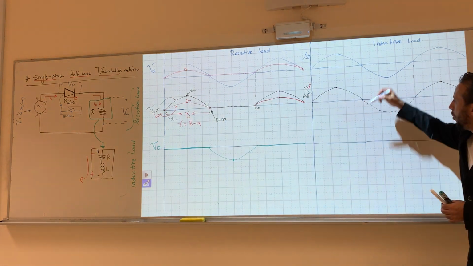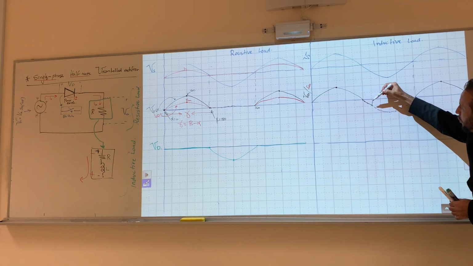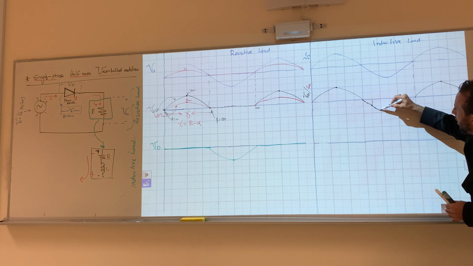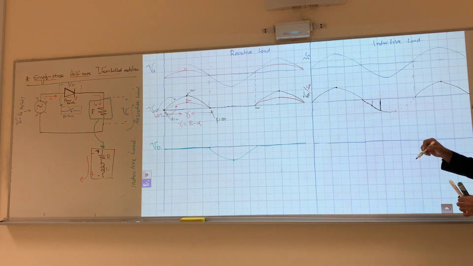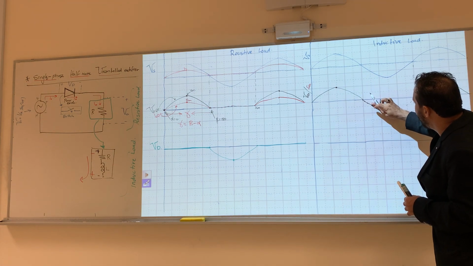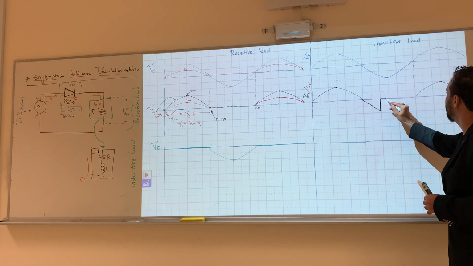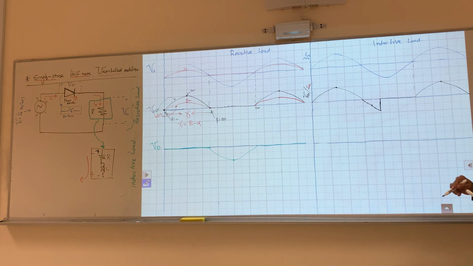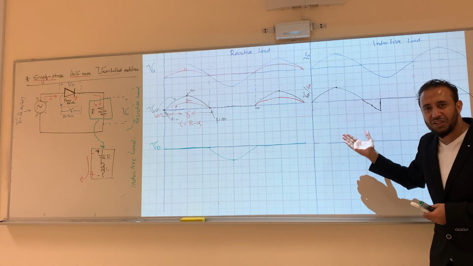Let's say it stores small, so it will stop right here. If it stores more, it will stop right here, and so on. So let's assume that it stops here. So this one here is 0. And same thing here. Something like this. Okay? So now my wave is different with inductive load.